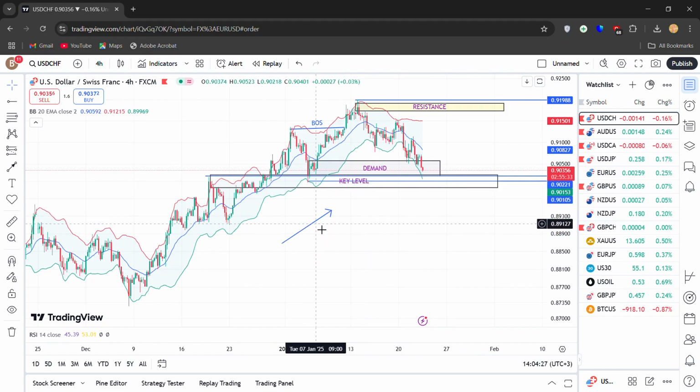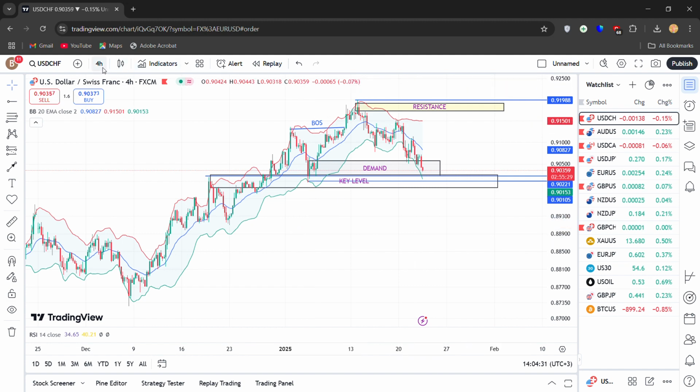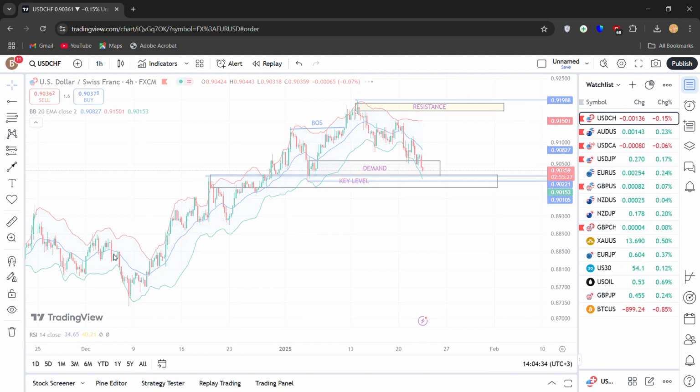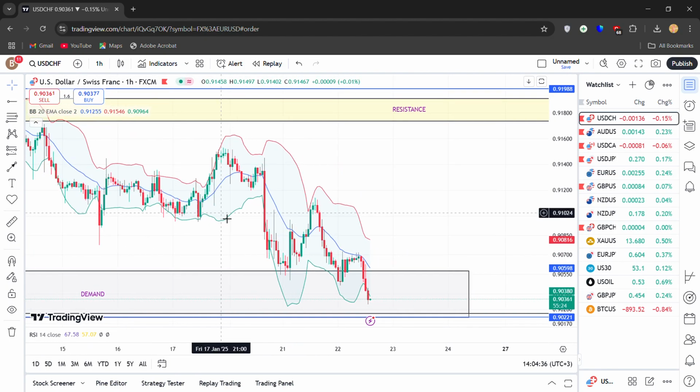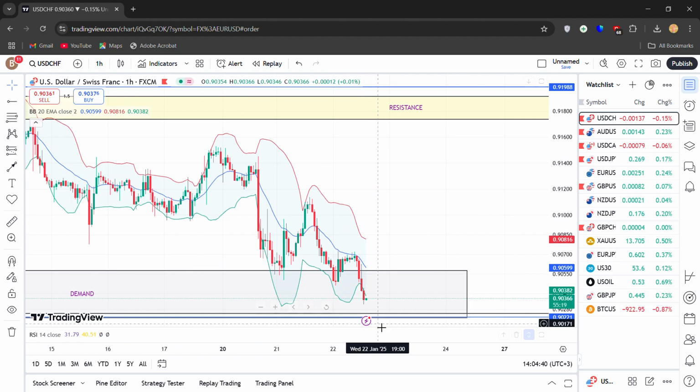So I shall be waiting for price action at this level in the 1 hour time frame, so that we see how price is going to behave at that point.